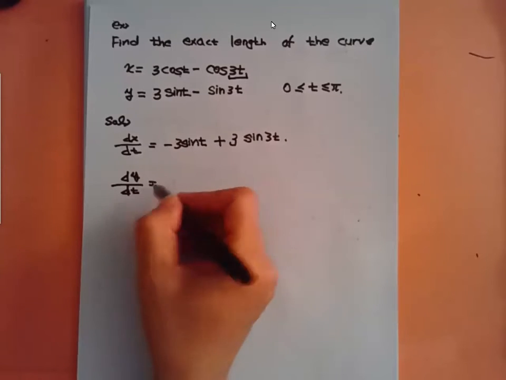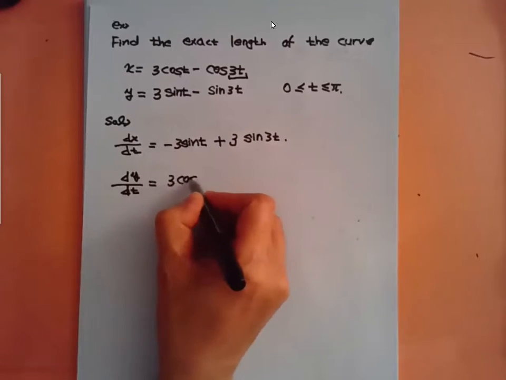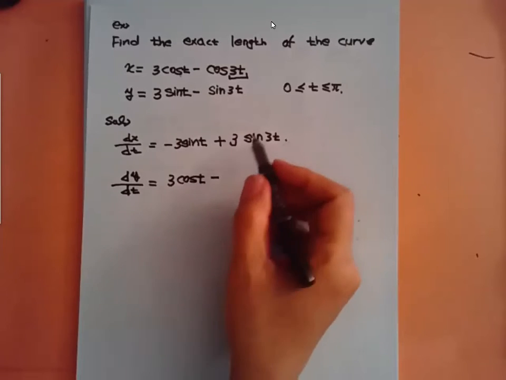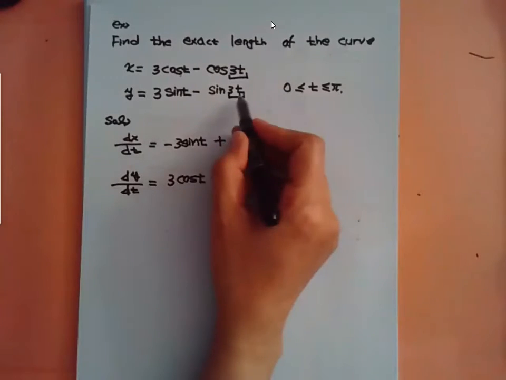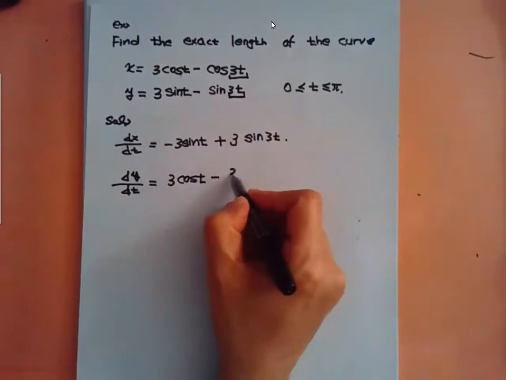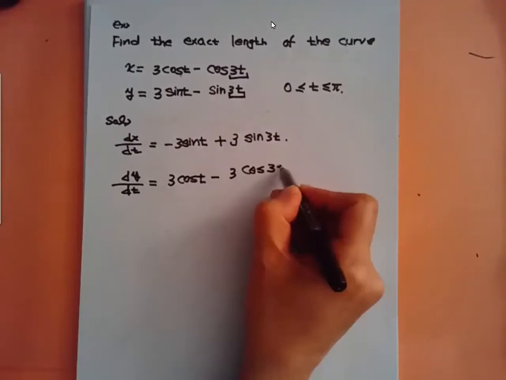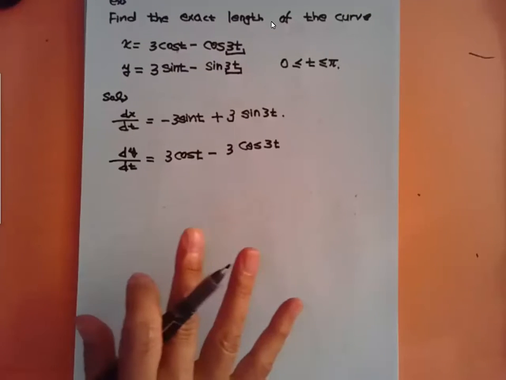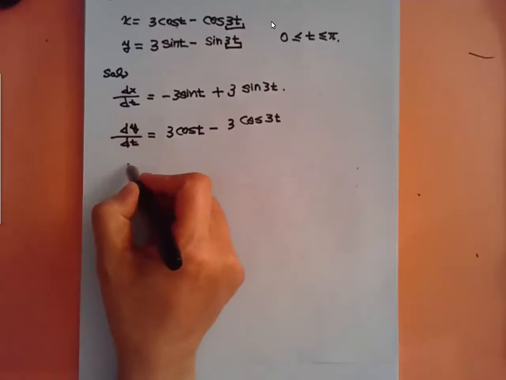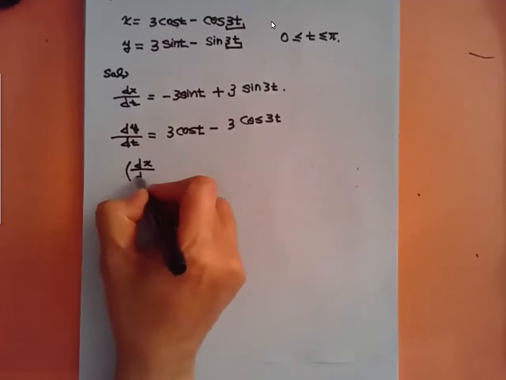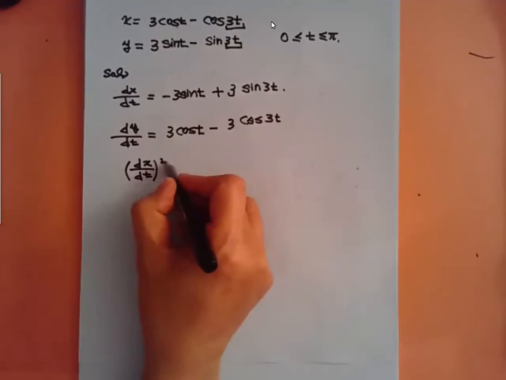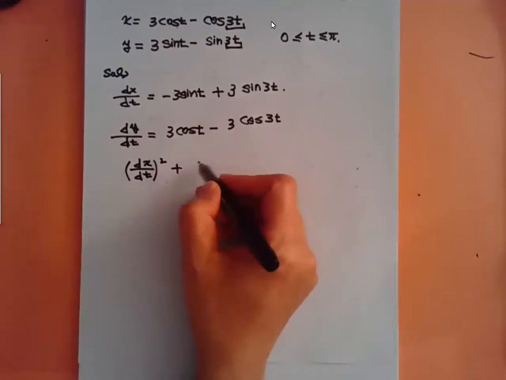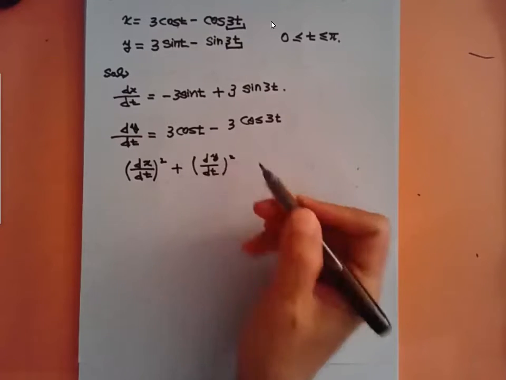dy over dt is 3 times cosine of t by the formula. By applying the chain rule to the inner function 3t, we get 3 cosine of 3t. In the arc length formula, under the square root, we had (dx/dt) squared plus (dy/dt) squared.